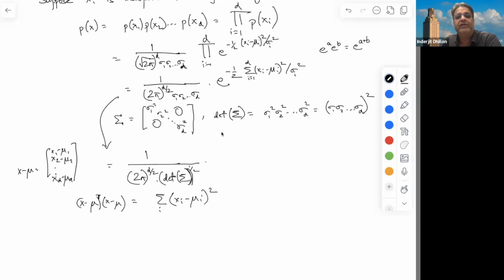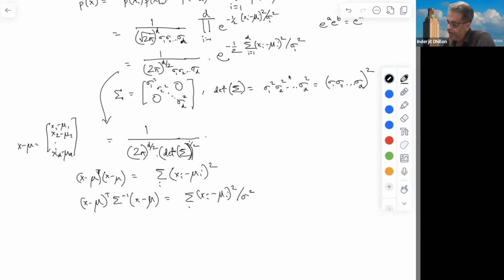So it's starting to look a little like this, except I don't have sigma i squared. So if my sigma is diagonal, then x minus mu transpose times sigma inverse times x minus mu is the summation over i of xi minus mu i squared divided by sigma i squared. And remember that sigma is diagonal. Let me just write it again: sigma 1 squared, sigma 2 squared, up to sigma d squared.